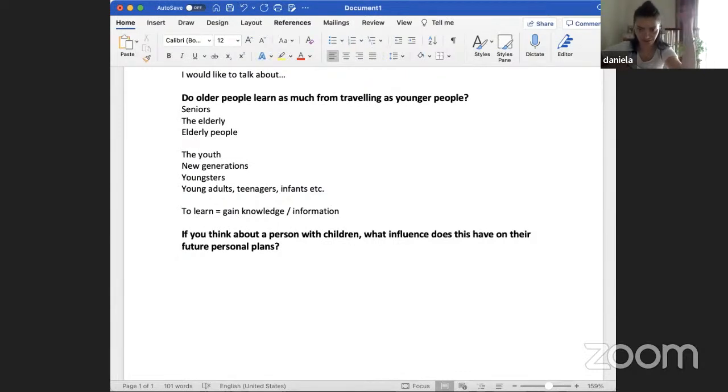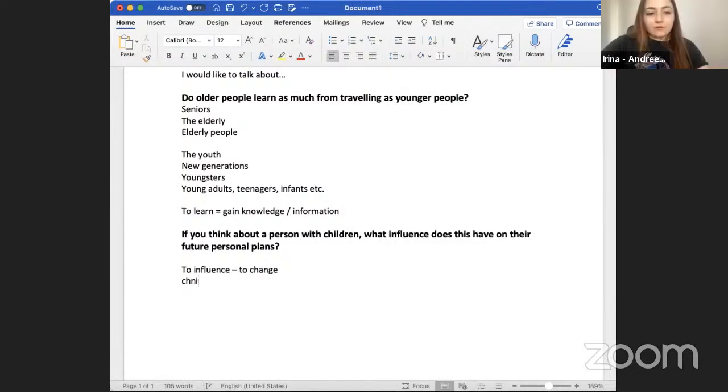I try to use "changes the lifestyle". Yes, to influence, to change, sure. For example, for children I use "babies", but I believe "children" is more general, because it covers all age categories. "Baby" is just a small child.